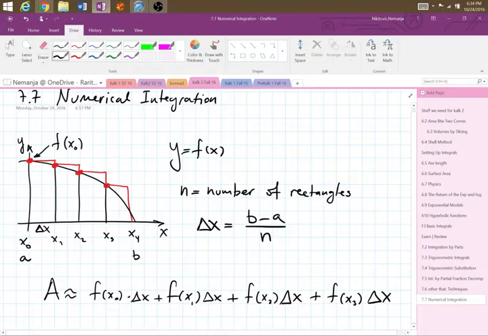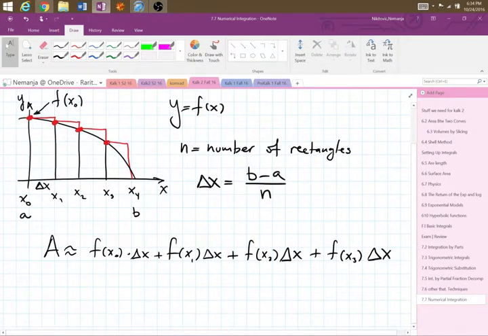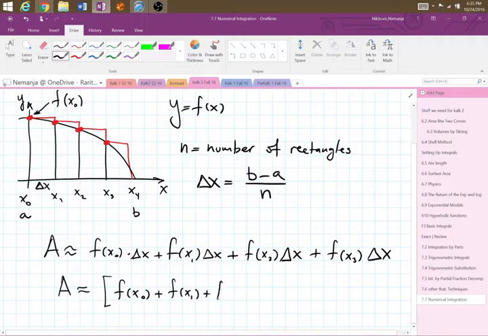So these are the values, and now you can just, using basic algebra, pull together all of these f of x0, f of x1, and so on, times delta x at the end, factored out.